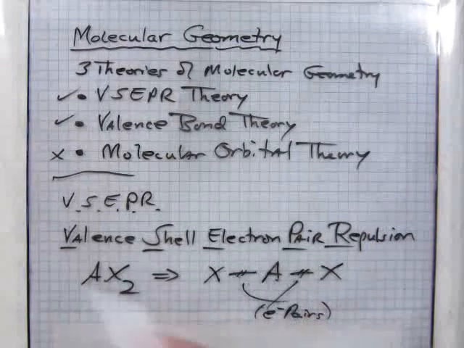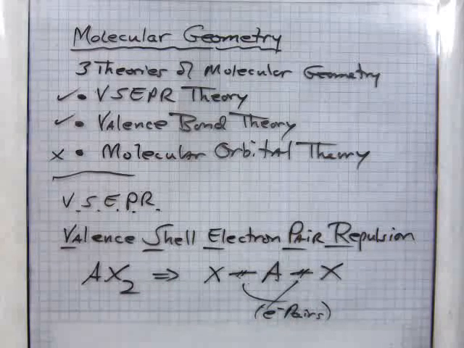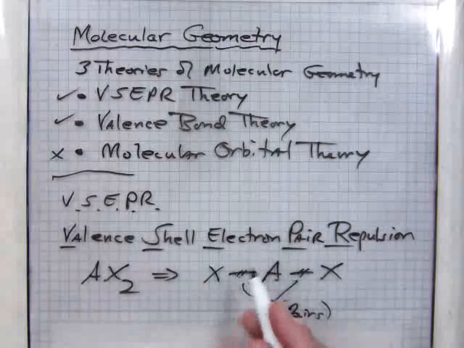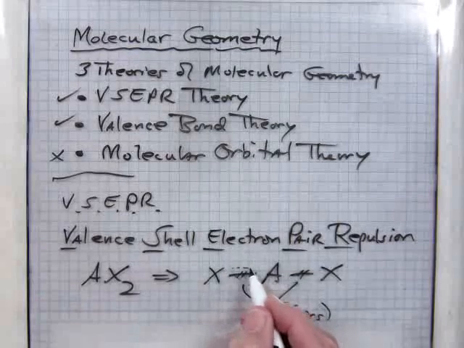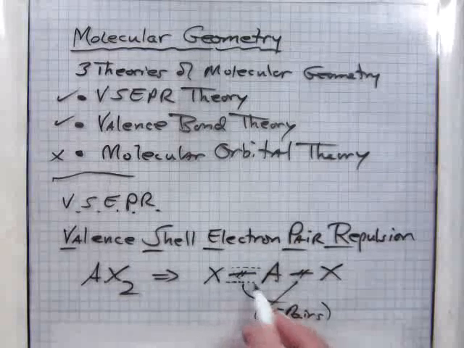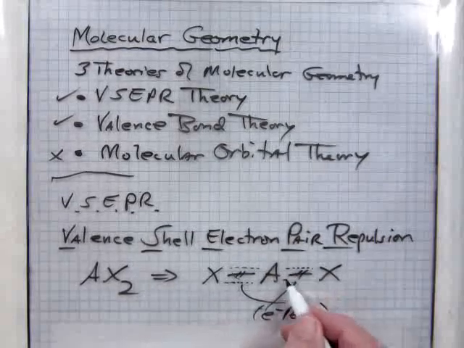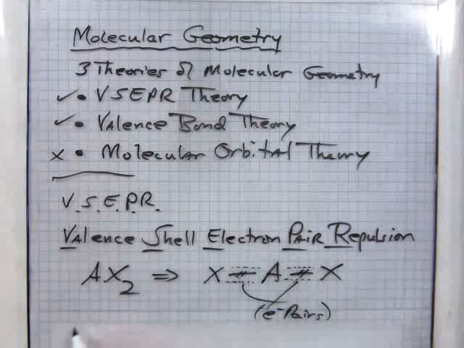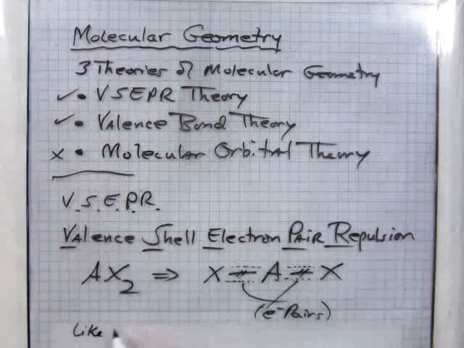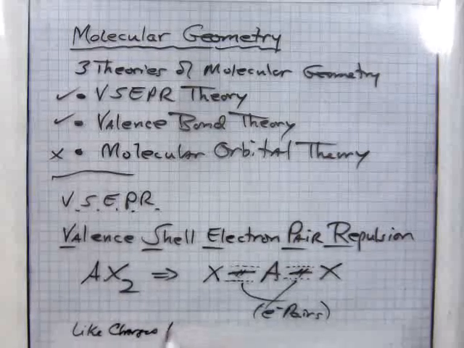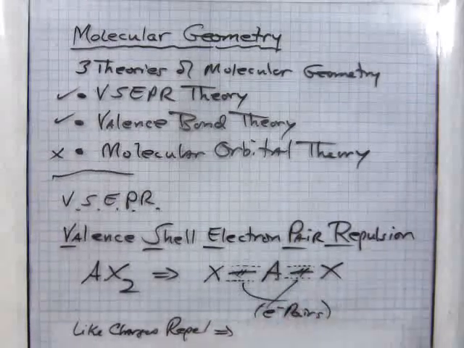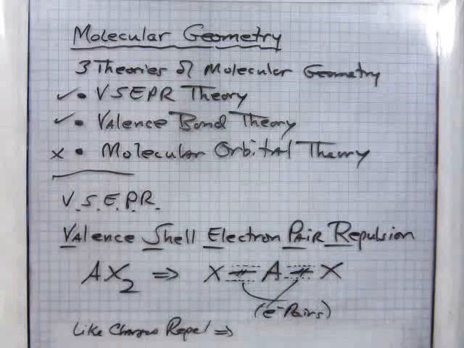One of the things that's commonly understood is the charge on the electron. So when we look at a bond, we assume it has a negative charge on it. So it's a negative field that surrounds the bond between A and X. And because like charges repel, the bonds will repel to positions in space that minimize what we call repulsion energy.